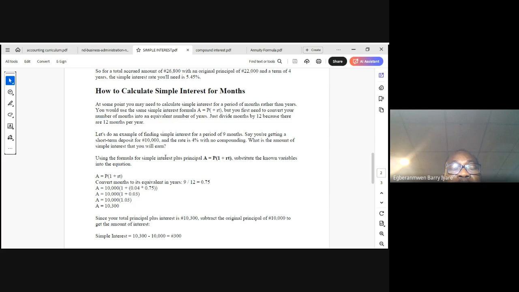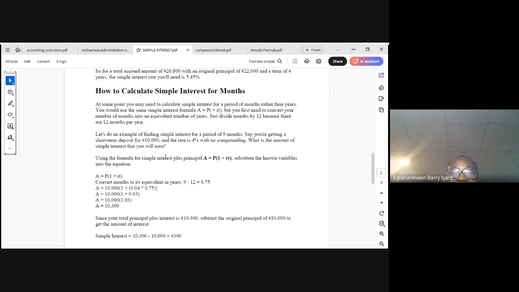That 0.03 is 0.04 times 0.75. So that's why you get 0.03. If you add 1 to it, the next line becomes 10,000 into 1.03. 1 plus 0.03 will give us 1.03. By the time you multiply, you get 10,300.